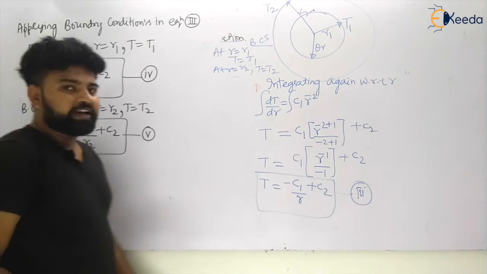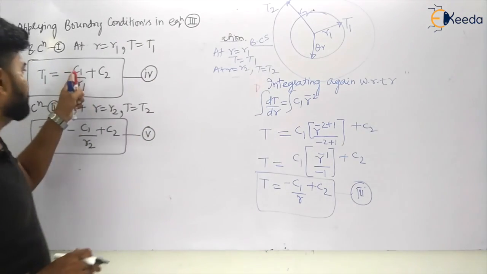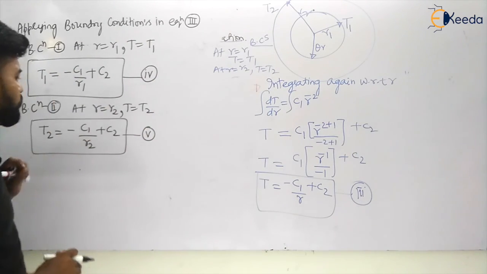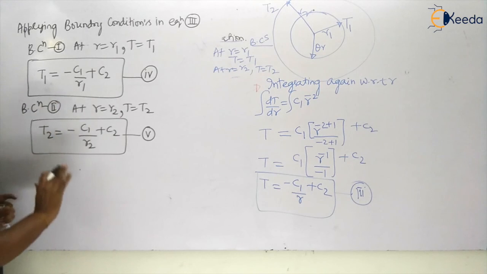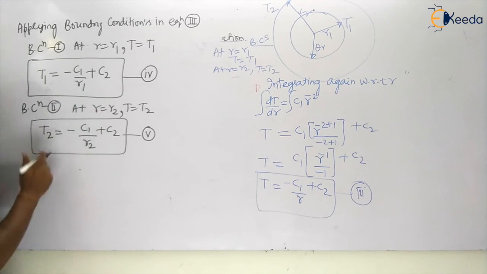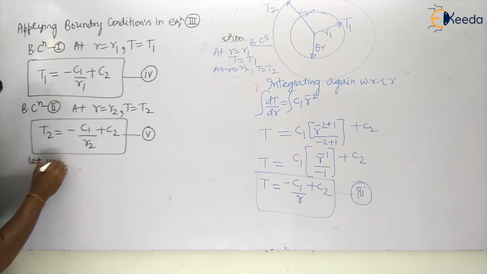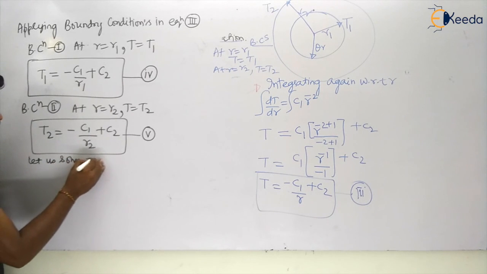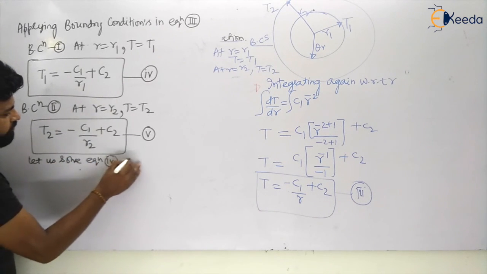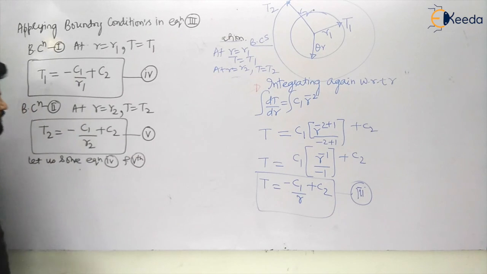For calculating the value of C1 and C2, I have to solve these equations. Let us solve equations 4 and 5. If I subtract this equation from this equation, what will I have?